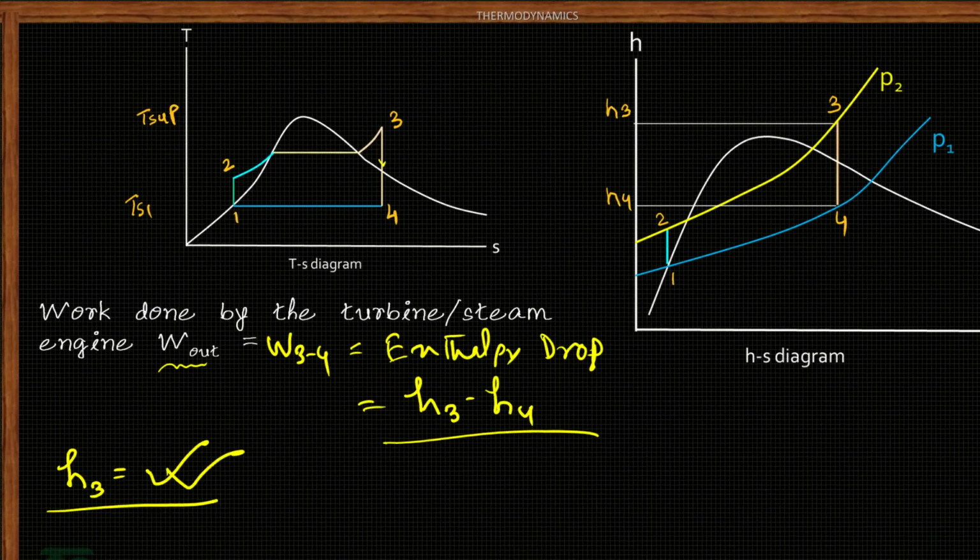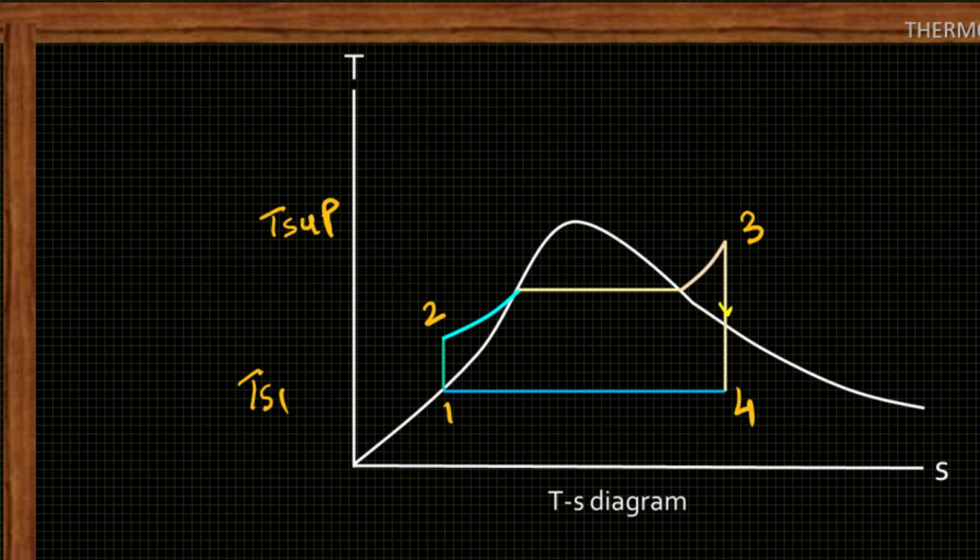Now the H4. Now what is H4? Look at the TS diagram. The condition of steam at point 4 is wet steam. Suppose at point 4 the dryness fraction of the steam is X4. For this the saturation temperature is Ts1. Already you have mentioned low pressure. So what will be the value of H4?